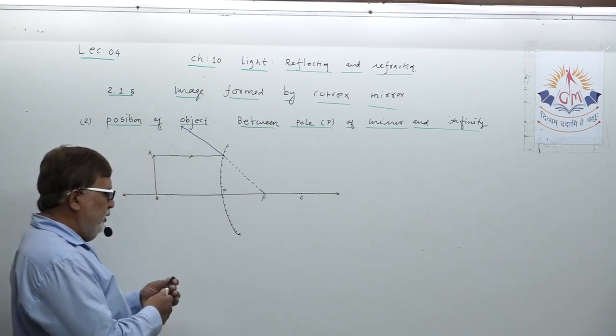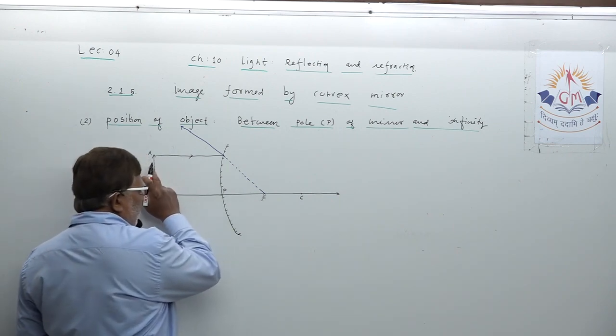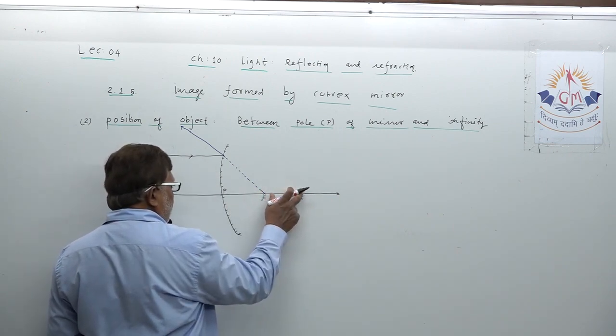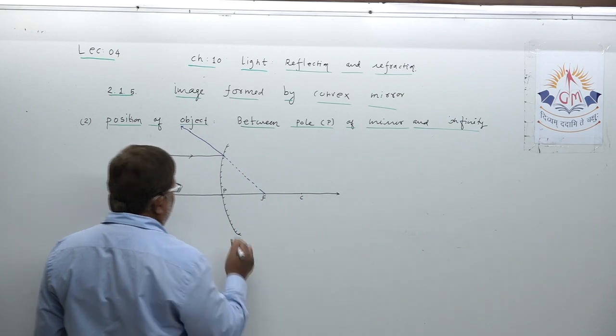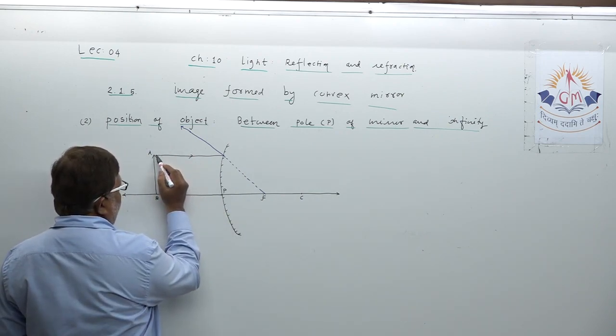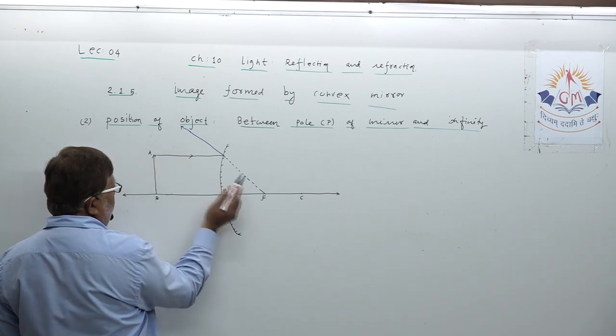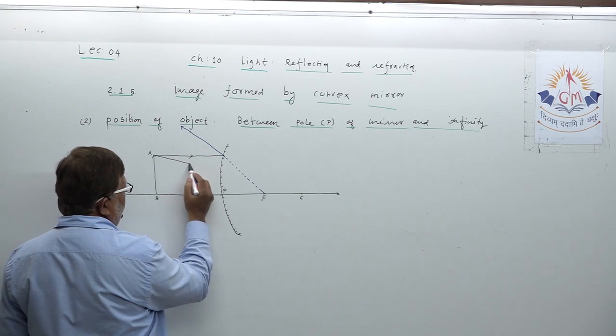The next ray, dear student, as you all know, if any ray passes through the center of curvature, it is going to reflect in the same direction. The second ray, your target is like this. The ray needs to be passed through the center of curvature.